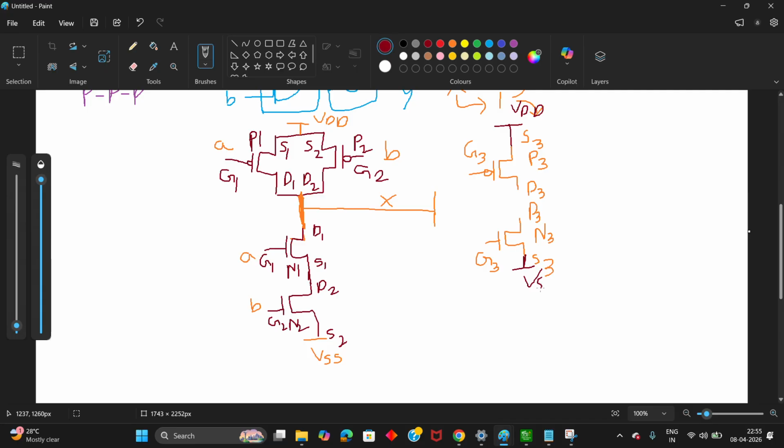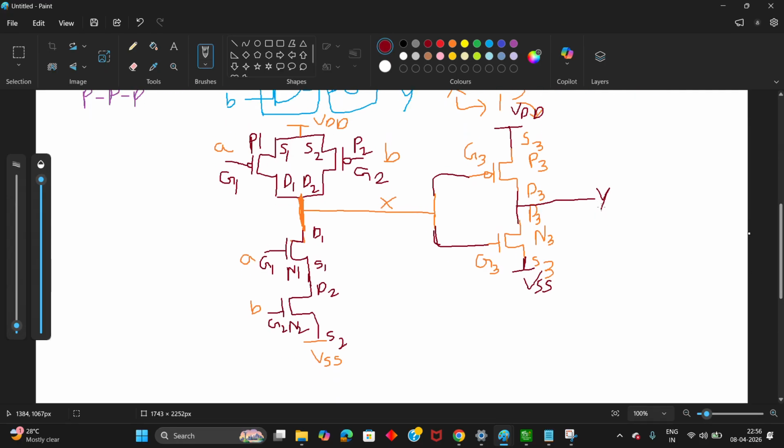Now we join both the drains of P3 and N3, apply the input to both gate terminals of P3 and N3, and take the output from the common point of the PMOS and NMOS transistors. It will be our output Y, which gives our required AND gate operation.